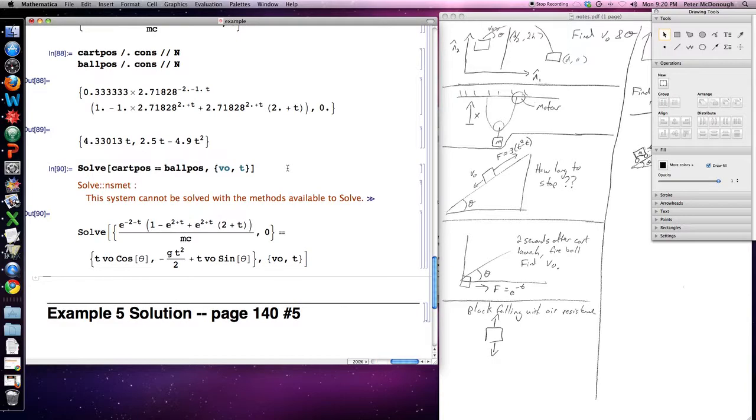Alright, let's see if we can figure this out now. So still not able to solve our expression. I'm not certain what the issue is here.